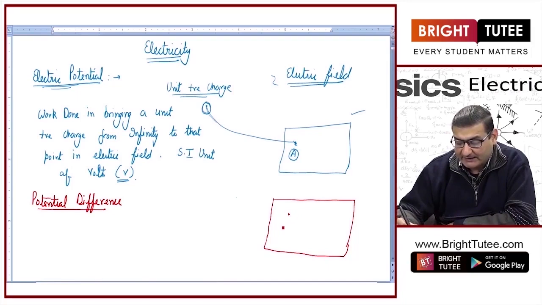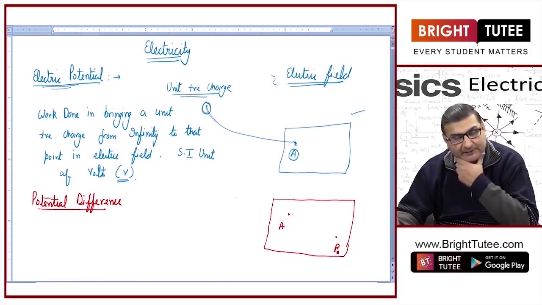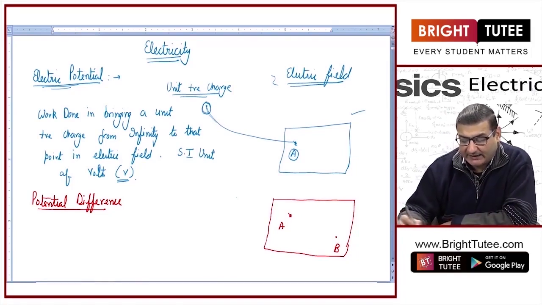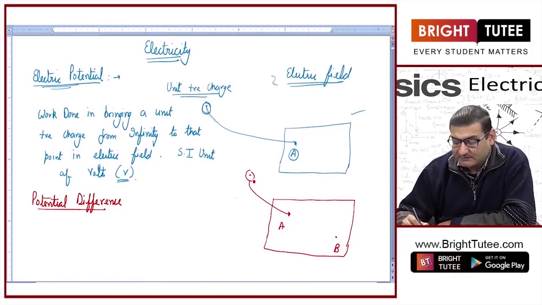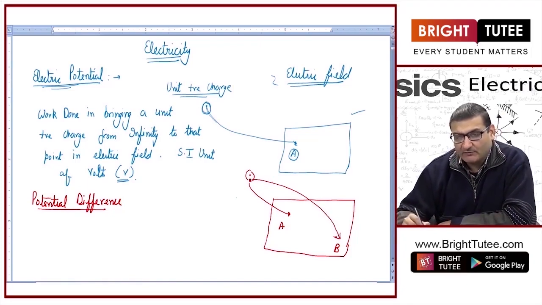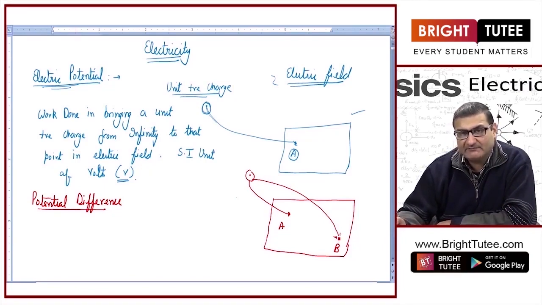Now I will be taking 2 points, one is point A and one is point B. The electric potential at point A is the work done in bringing this positive charge from infinity to this point. Similarly, I will be doing some work for bringing this positive charge from infinity to this another point B in the same electric field.